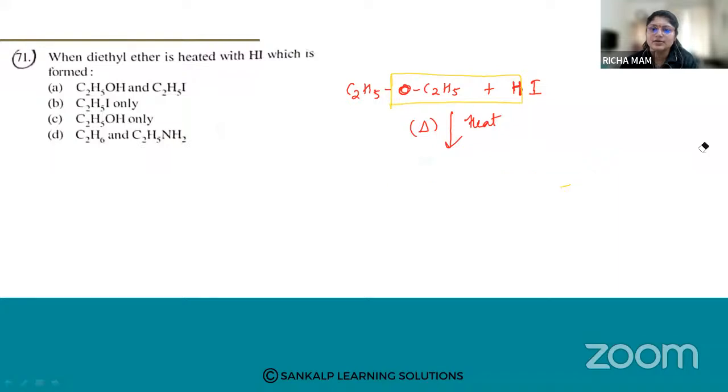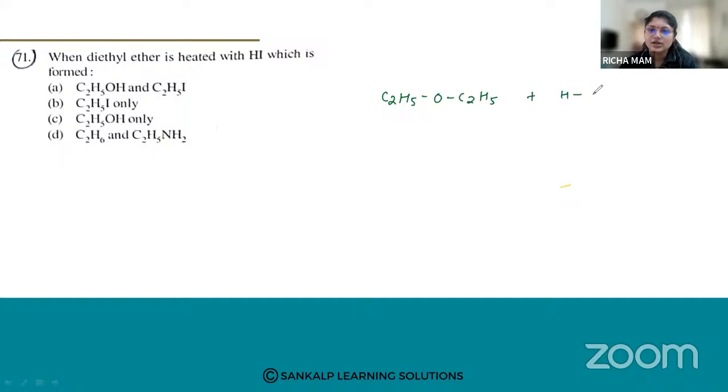Let me write it properly. C2H5OC2H5 plus HI. When you are heating this, you'll get C2H5OH, that is your alcohol, plus C2H5I.